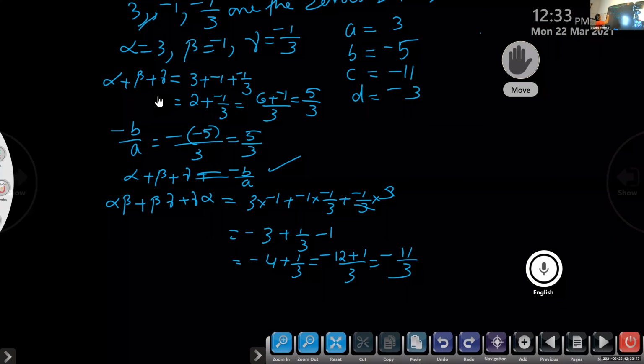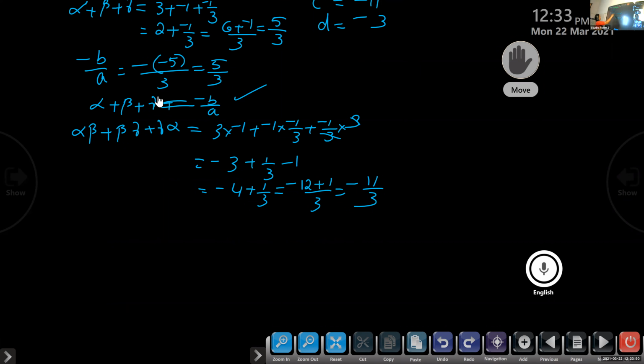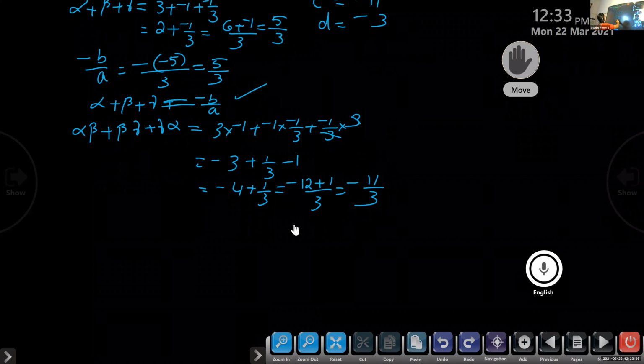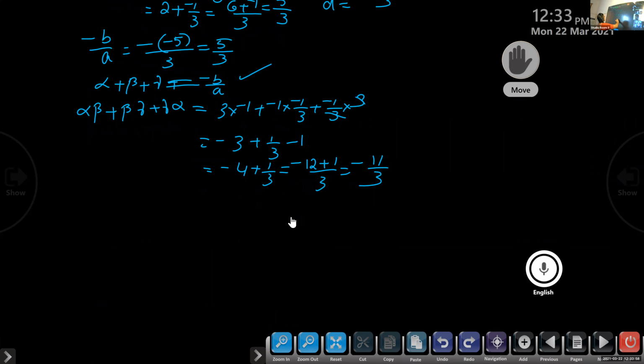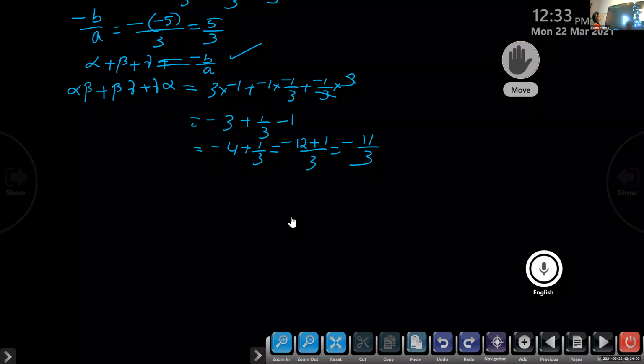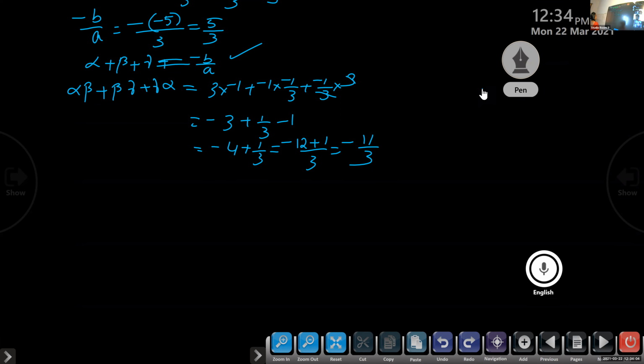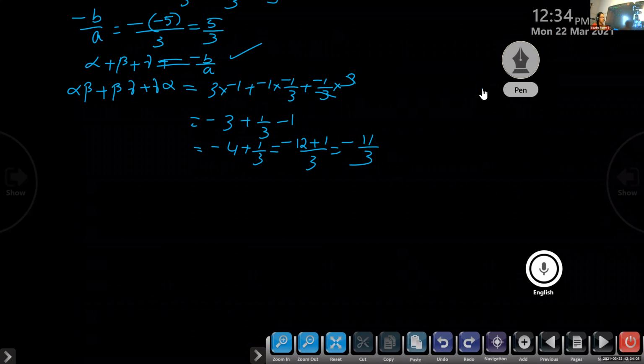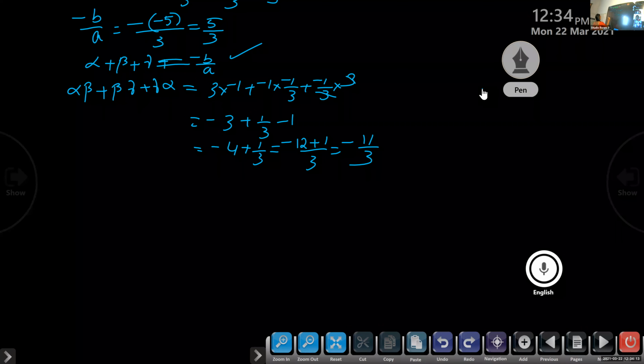Taking two at a time. Alpha is 3, beta minus 1. So 3 into minus 1, then minus 1 into minus 1 by 3, plus minus 1 by 3 into 3. That 3 and 3 we can cancel. So minus 3 plus, minus minus positive, plus 1 by 3 minus 1. So what is C by A?